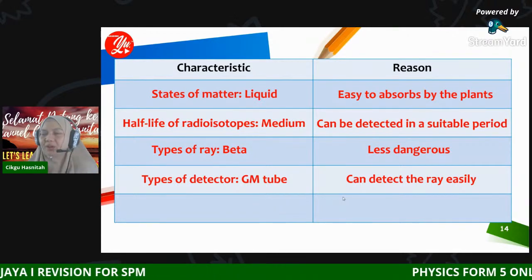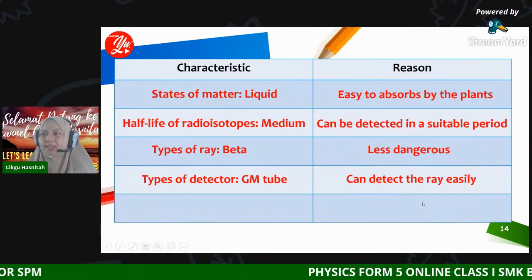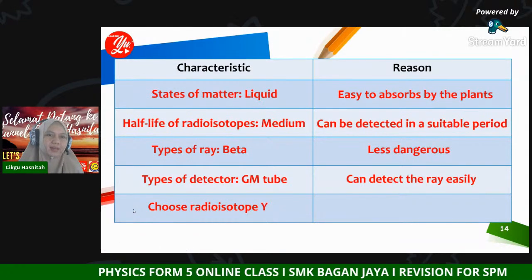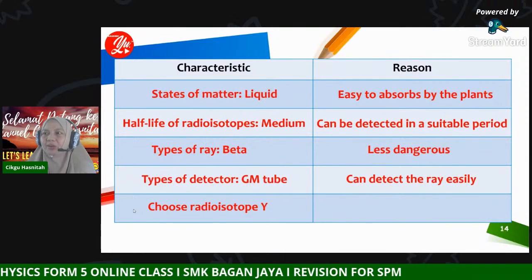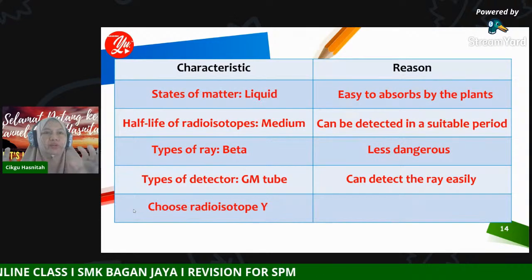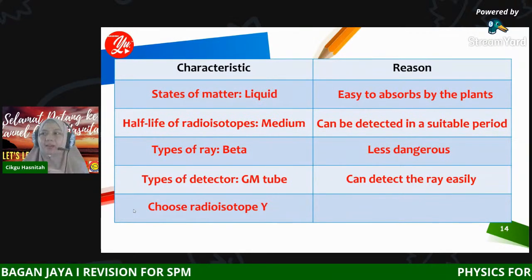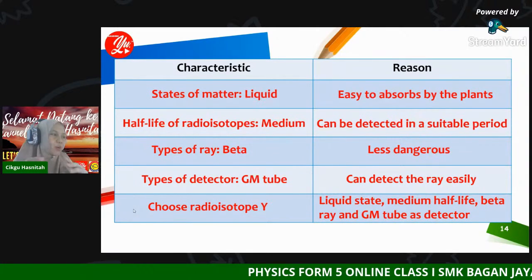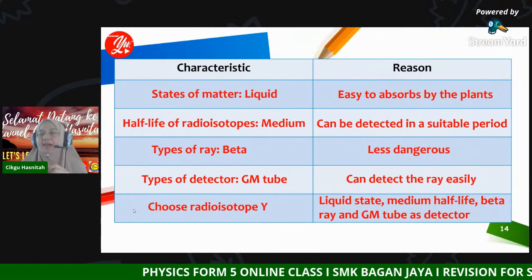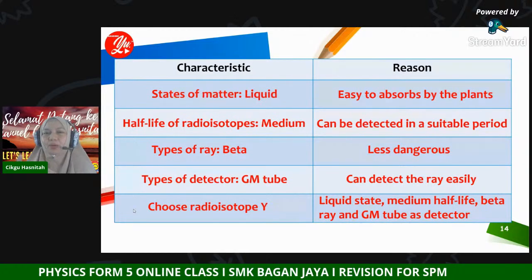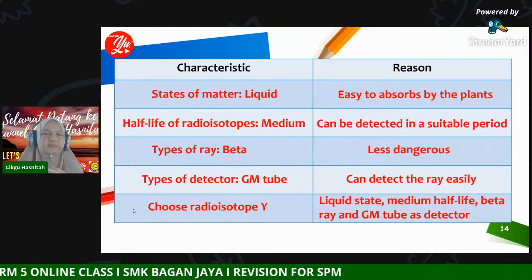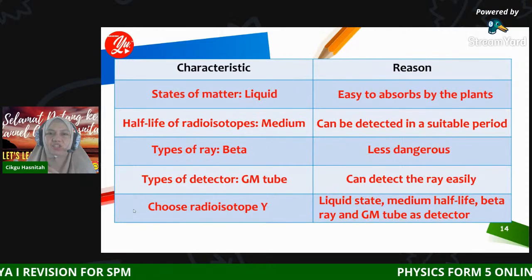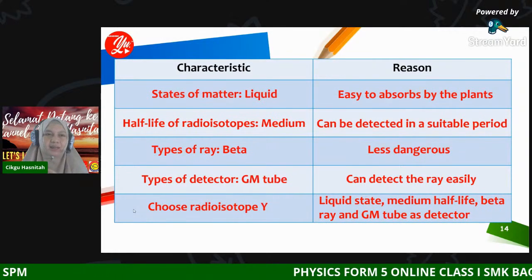So Yutong, say why? Yes. So we choose radioisotope Y. So how do we conclude our answer and get the full marks? You mention back all the characteristics for Y. Because Y is in a liquid state, it has a medium half-life, it emits beta ray, and it uses GM tube as a detector.